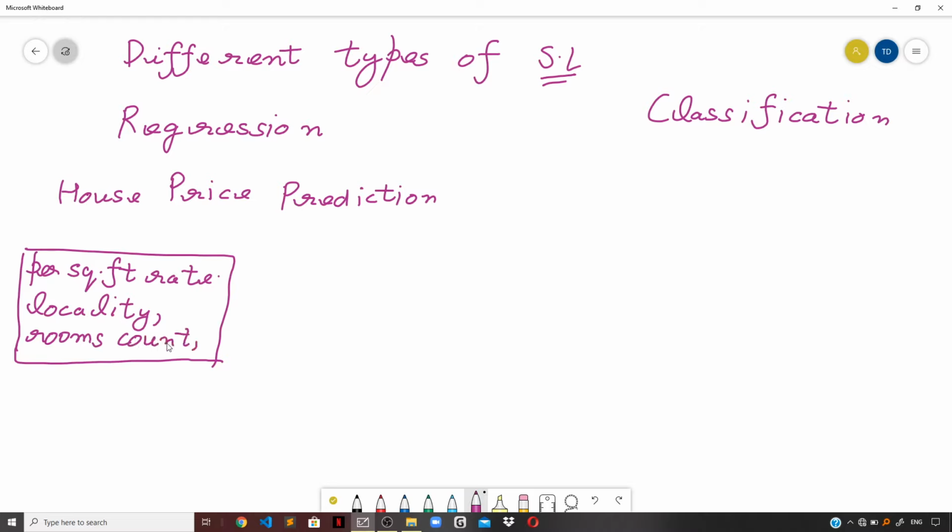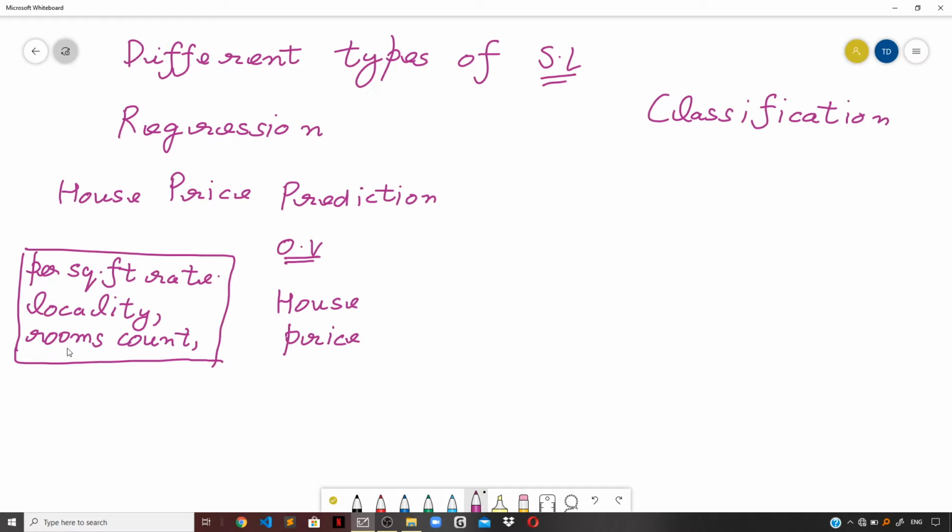So this is your third input variable. The locality is the part of the city in which it is located, and rooms count is the average number of rooms per house. And we have an output variable, which I'm denoting using OV. It is the house price. So you want to predict the house price based on these input variables.